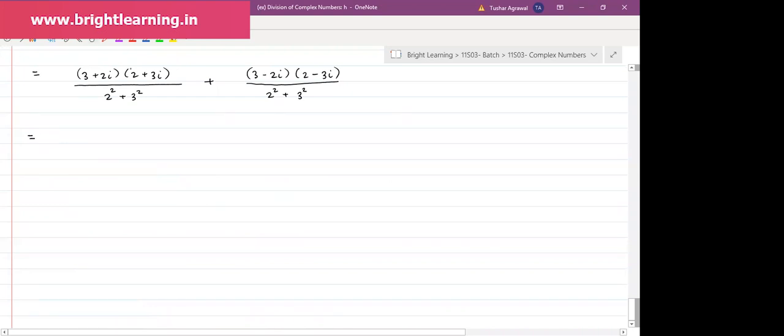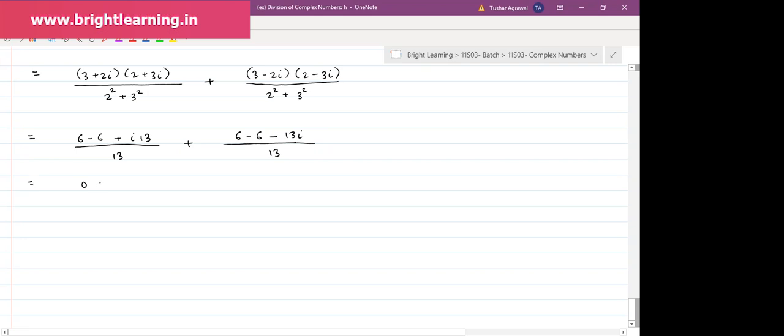So now for the real part, first numerator: 3 twos are 6 and 6i square, so it will be 6 minus 6. And i times, it will be 2 twos are 4 and 9, that is 13. i times 13 upon denominator, 9 plus 4, 13. The denominator is again 13 only. In the second, 3 twos are 6 and plus 6 times i square, so it will be 6 minus 6 and minus 13 times i.